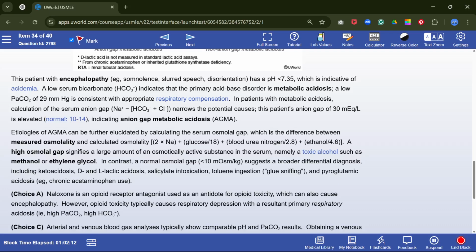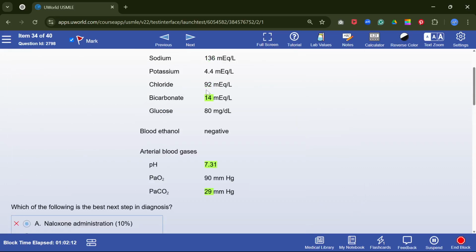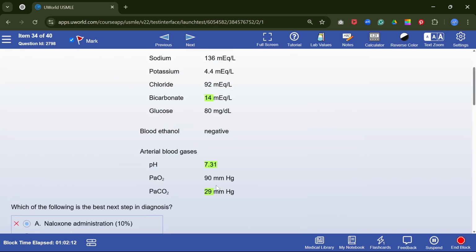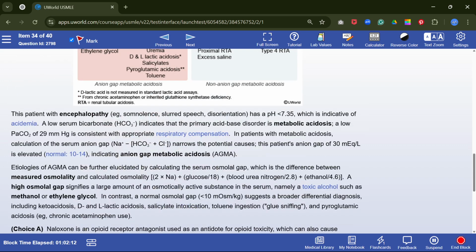Calculated osmolarity is 2 into sodium plus glucose by 18 plus BUN by 2.8 plus ethanol by 4.6. So 2 into sodium, 2 into 136, plus glucose divided by 18 plus BUN, blood urea nitrogen, divided by 2.8 plus ethanol divided by 4.6.